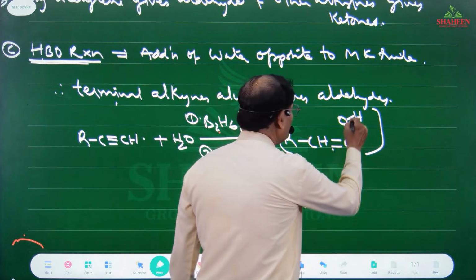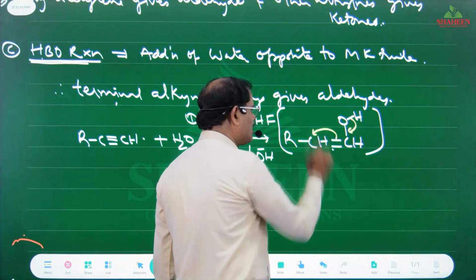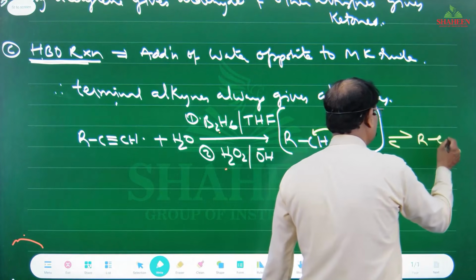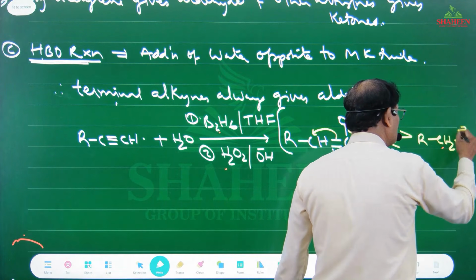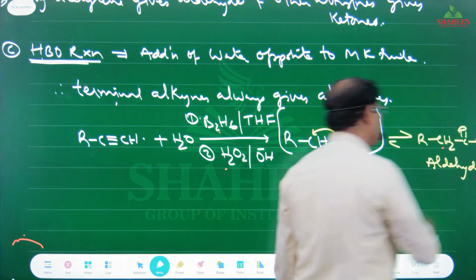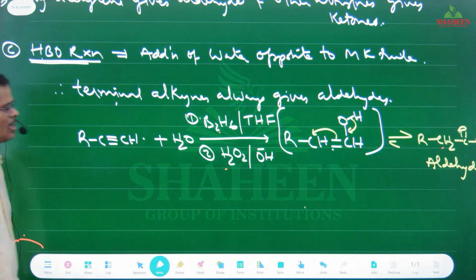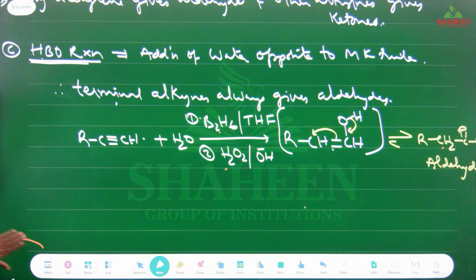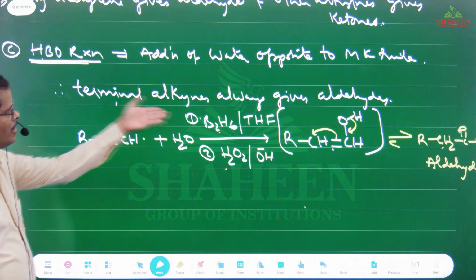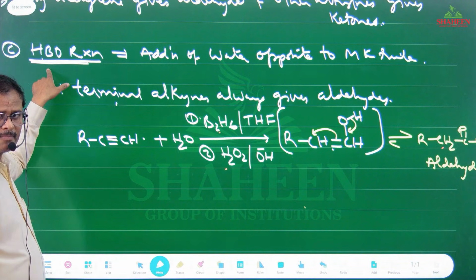Then we take these electrons here and these electrons here, then go for tautomerization, and we have CH2, C double bond OH. Aldehyde is the product. So, Markovnikov rule, anti-Markovnikov rule. Based on the requirement of the product, if an aldehyde is required from terminal alkynes, you go for the HBO reaction.